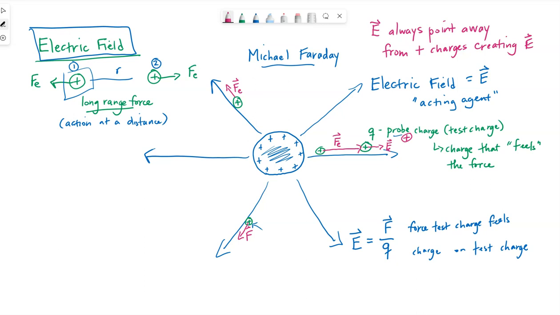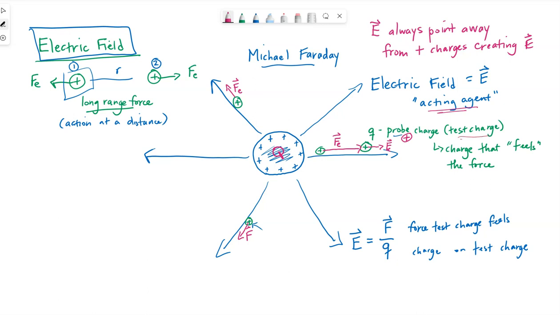So we do need to distinguish between our probe charge, the one feeling the force, and our charge that is creating this electric field. So ultimately what it boils down to is the charge that creates the electric field is the one that's going to cause other charges to feel a force. It's the acting agent.